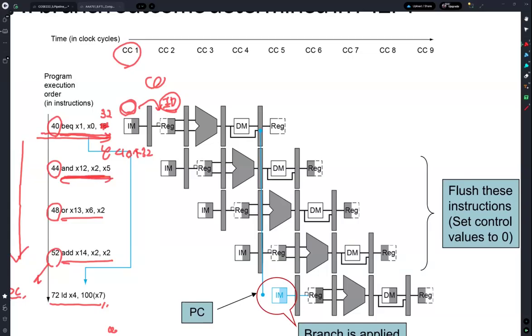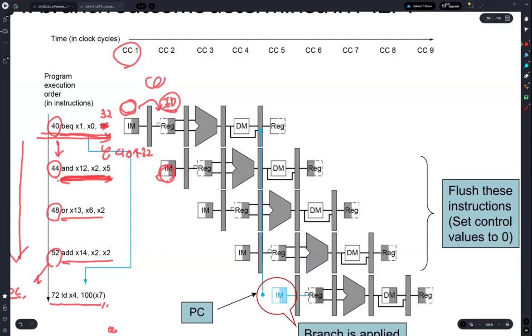What is the next instruction? PC plus 4. The PC of the branch instruction is 40, and the pipeline processor will fetch this add instruction, which is in the instruction fetch stage.